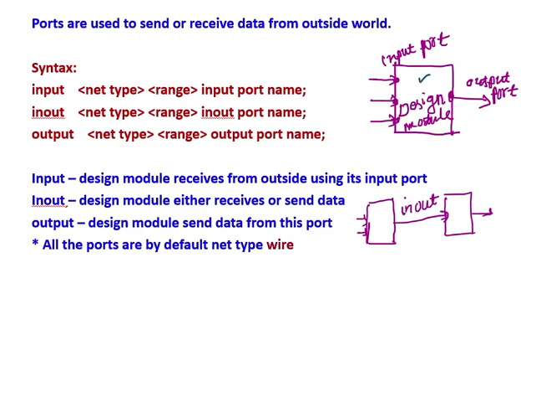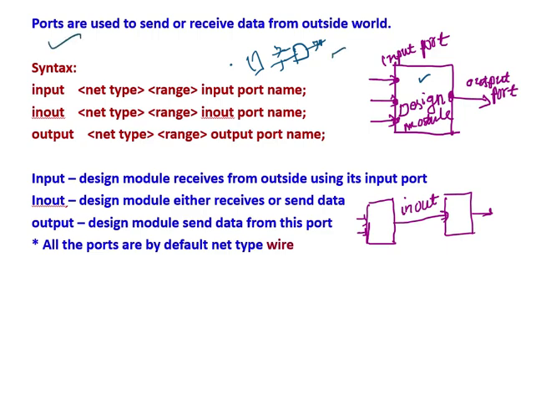If I design an AND gate like this, I am receiving the input data from the outside world, and through my output port I am sending the data to the outside world. I am receiving from the outside world and sending to the outside world. This is the use of ports.